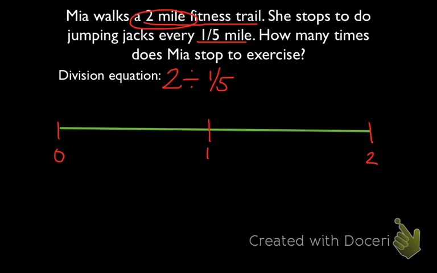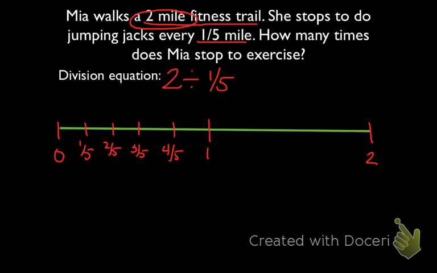So what we want to do, we see that she stops to do jumping jacks every 1/5 of a mile. So let's go every 1/5. Here's 1/5. There's 2/5. There's 3/5 of a mile. 4/5 of a mile.